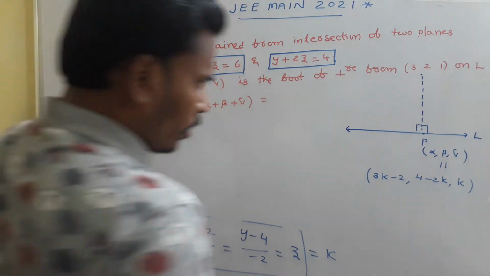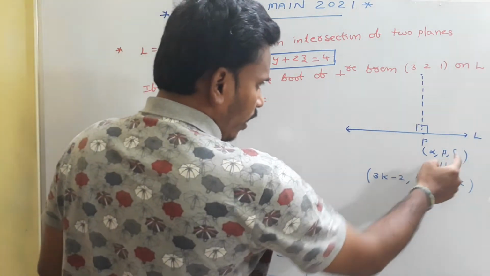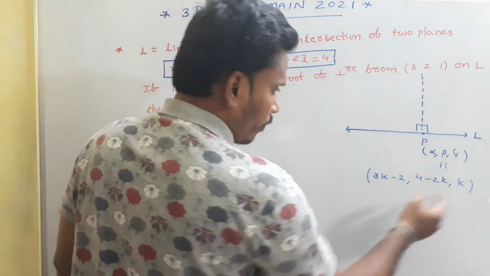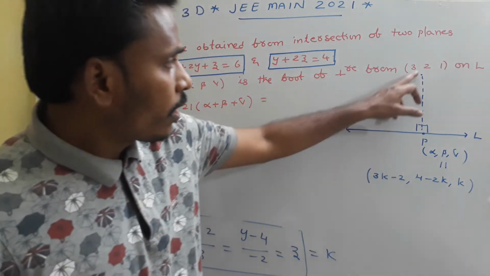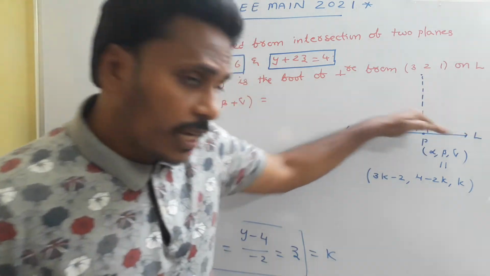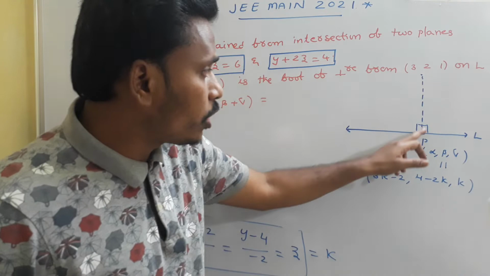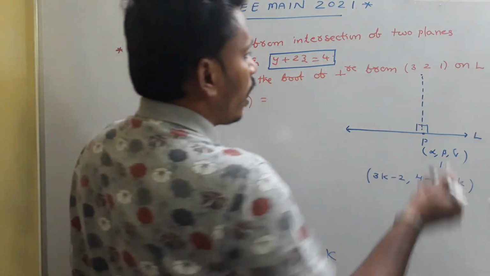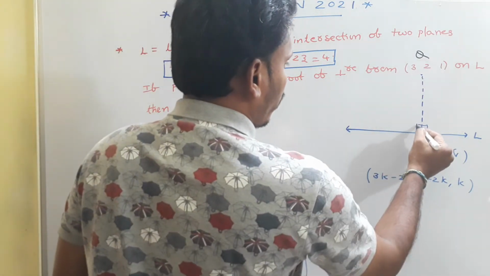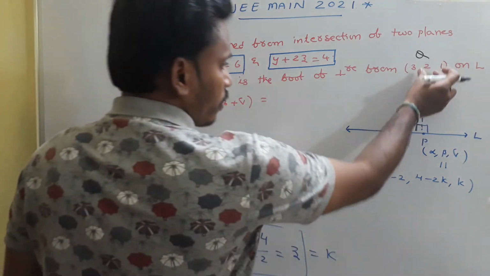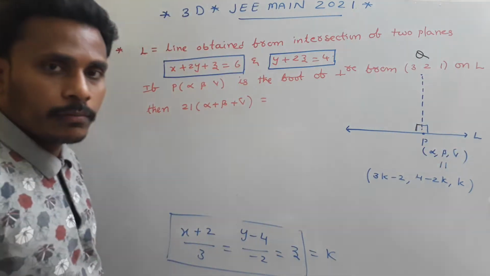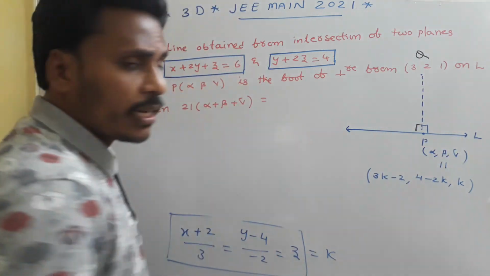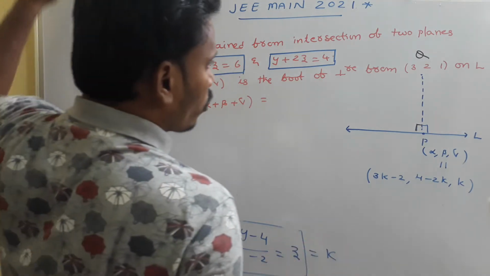So in the next step, to find alpha, beta, gamma we need to find k. To find k, this line and this line segment joining P alpha, beta, gamma and Q 3, 2, 1 are perpendicular here, right? So since this PQ and the line are perpendicular, the product of their corresponding DRs is 0. So use that to find k.